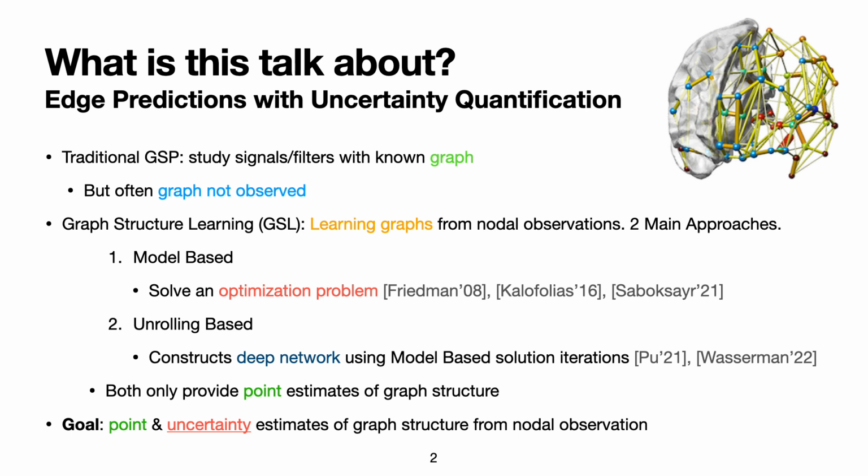One is the model-based approach, which solves an optimization problem, and the returned solution is our graph estimate. The second is an unrolling-based approach, where we construct a deep network using the model-based solution iterates. Both of these typically only provide point estimates of graph structure, and so the goal in this work is to provide a point and uncertainty estimate of graph structure from these nodal observations.